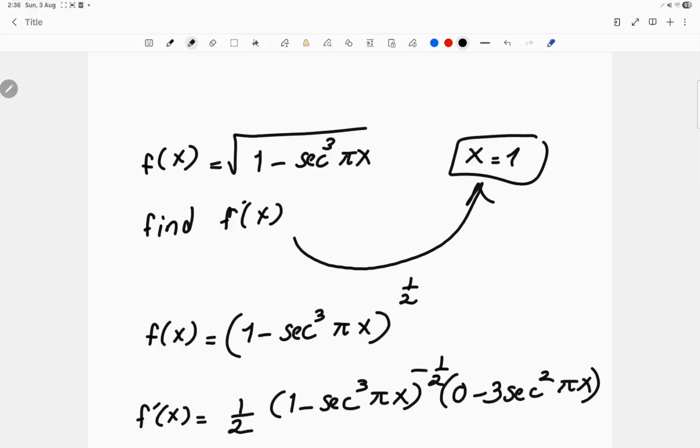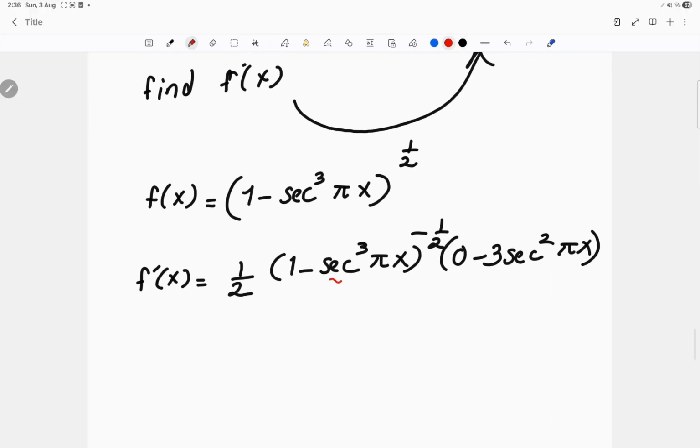Now, what comes to your mind if someone says differentiate secant of pi x? What's secant differentiated? Maybe a secant tan, maybe? So secant times tan, followed by the derivative of pi x, which is pi.